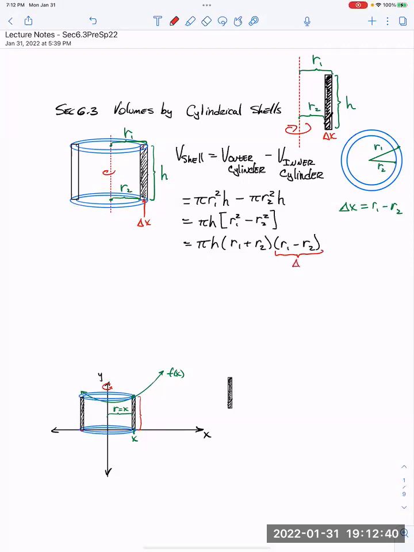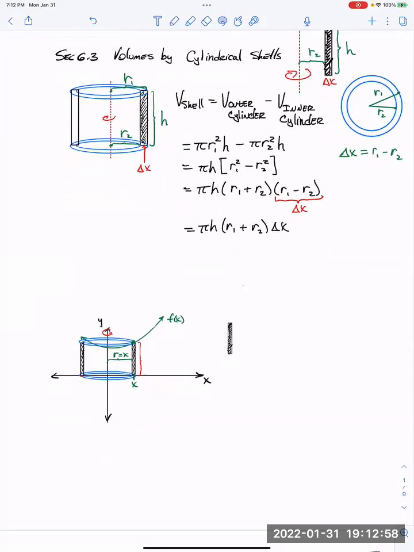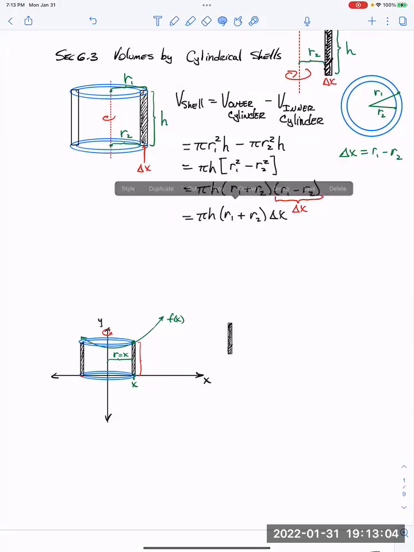That's right, that's delta x. So now we can write our formula down as pi h (r1 plus r2) delta x, okay? So this is our basic formula for the volume of one arbitrary shell.